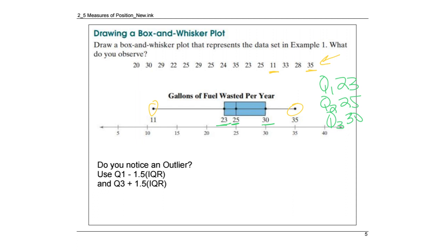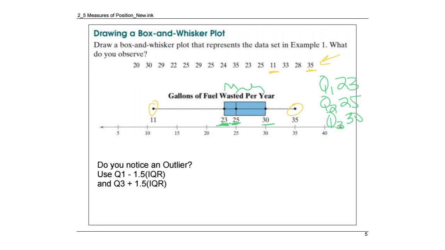The 25% of the data between 23 and 25 is very grouped together, because you have a few 25s in there. It looks like you have three 25s. So this distance is very small, whereas the distance is much bigger for the next quarter of the data, between 25 and 30.